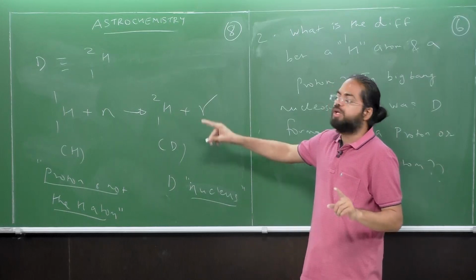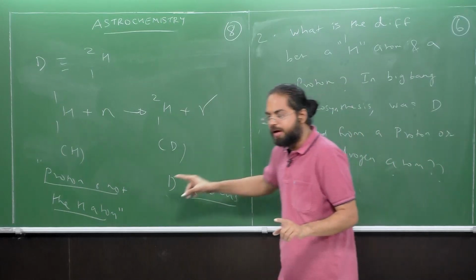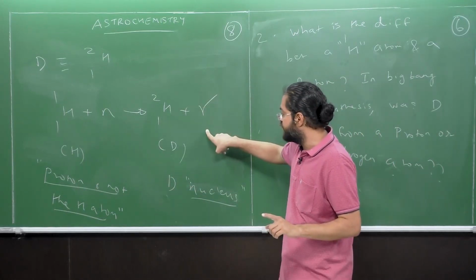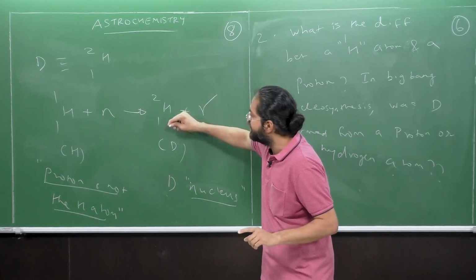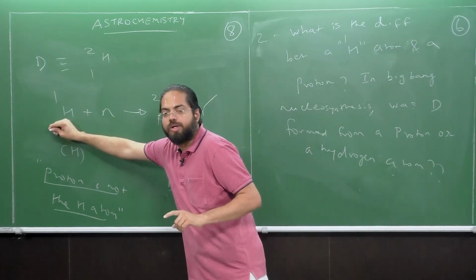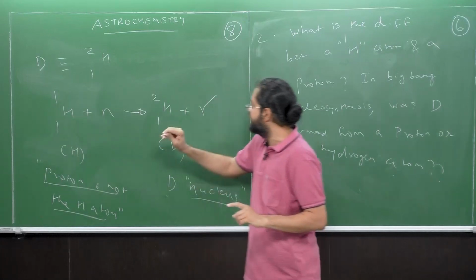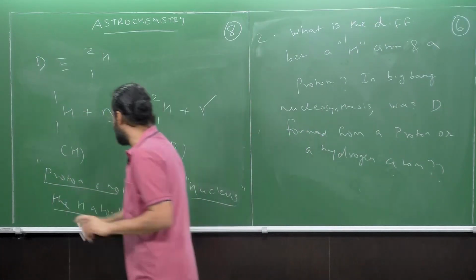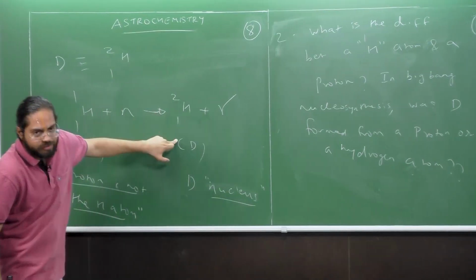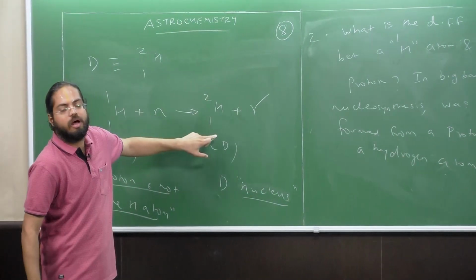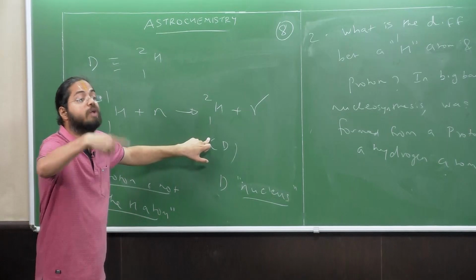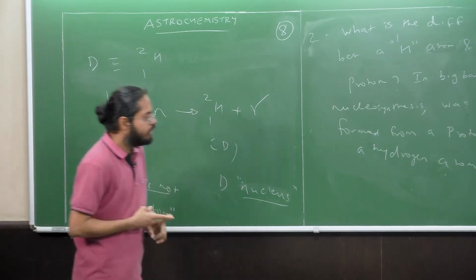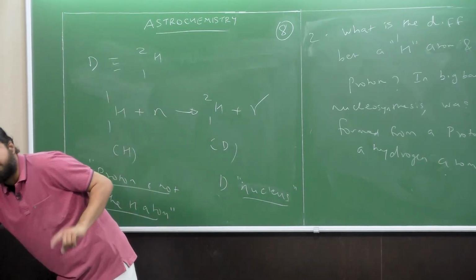As far as Big Bang nucleosynthesis is concerned, electrons are not even involved. This is just the D nucleus, and this is the H nucleus, the protium nucleus, the proton. This is the proton and not the H atom itself, whereas this is the deuterium nucleus, bereft of the electron. All right. So I will clarify this further.